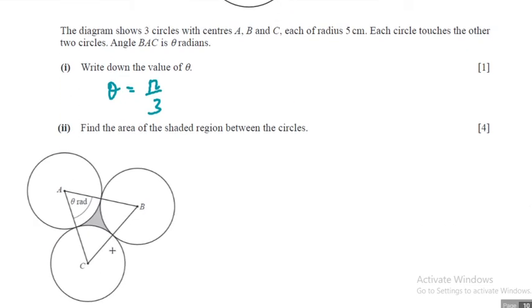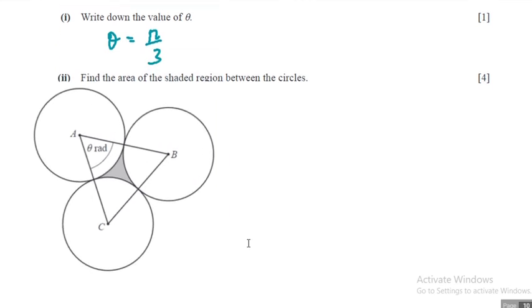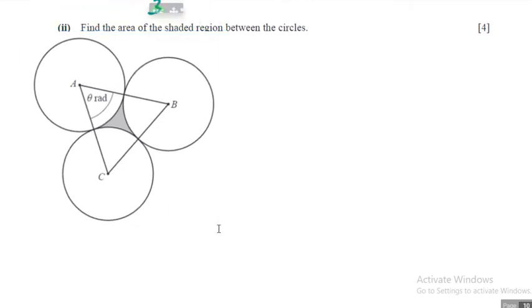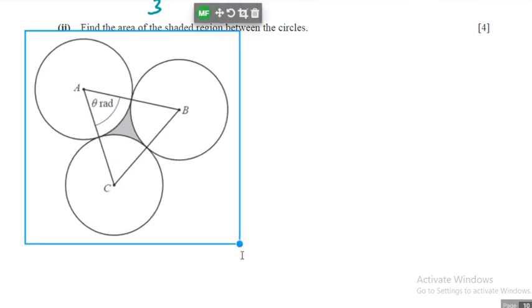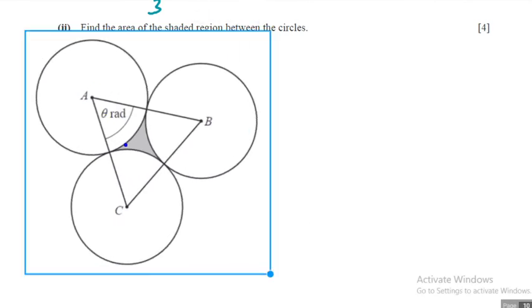Now, next, we need to find the area of the shaded region between the circles. Let's see. We want to find the area here. I think we have the angle already, so what do we do?